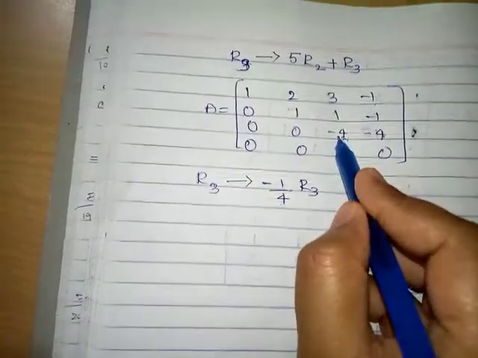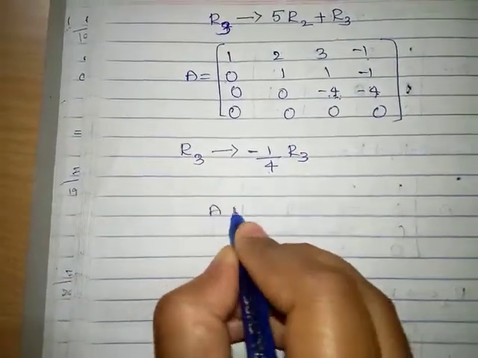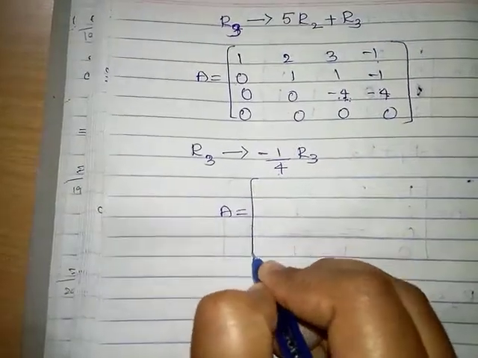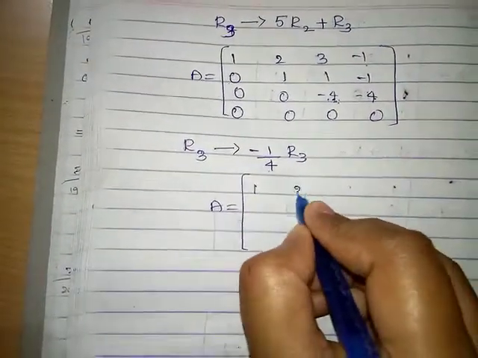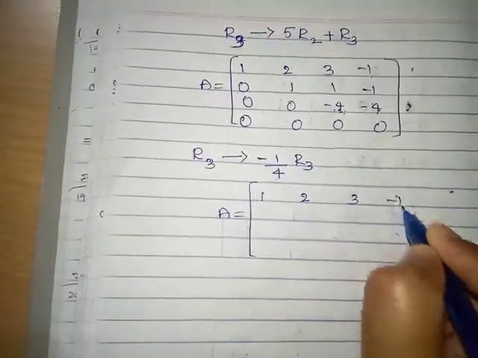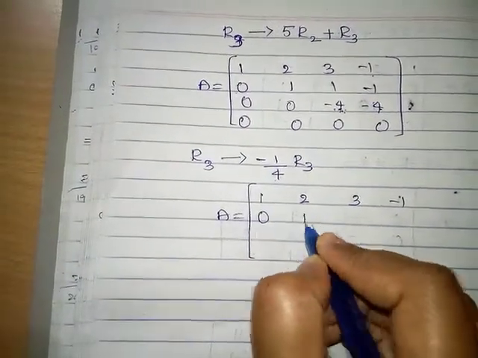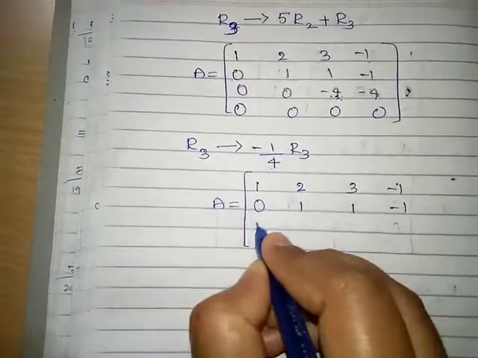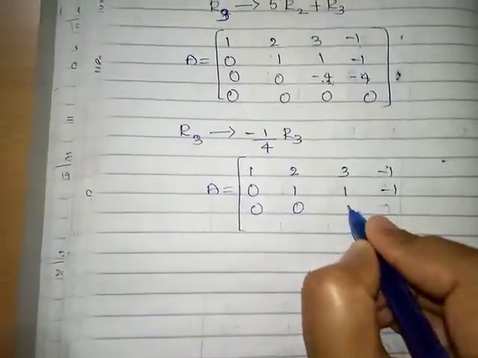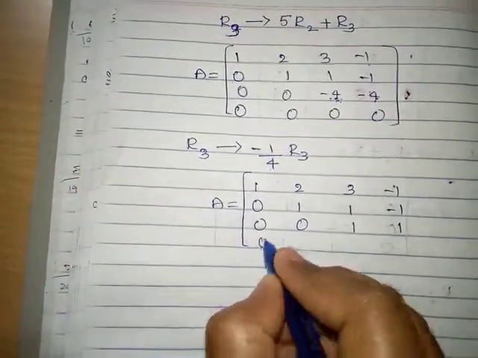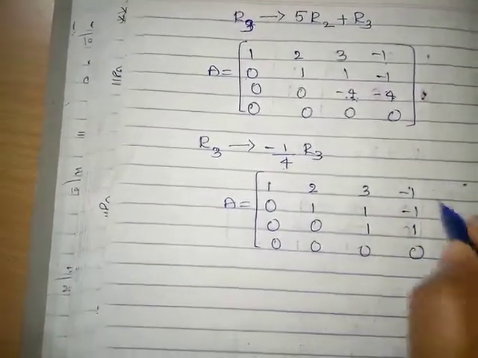We will get 1 here. See, A is equal to 1 2 3 minus 1, 0 1 1 minus 1, 0 0 1 1, last row is 0.